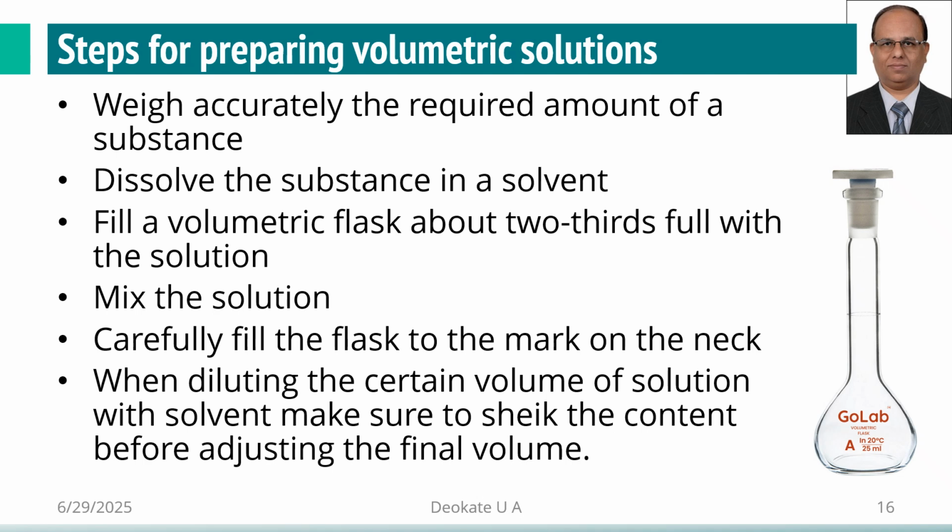In that case, if you do not mix the solution, there may be various layers of concentration, and every layer will give a different reading. So be careful that once you have added the solvent, you have to shake it thoroughly before you adjust the final volume, so that it will mix. Otherwise, many students use an ultrasonic water bath to mix the solution thoroughly.